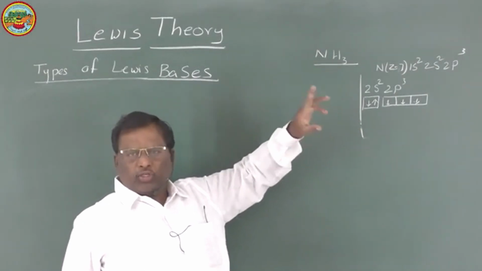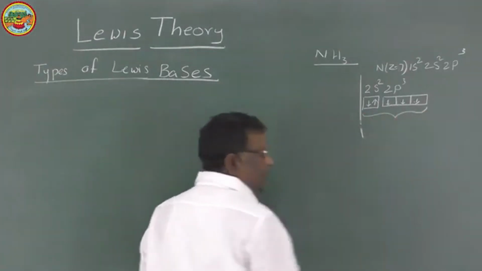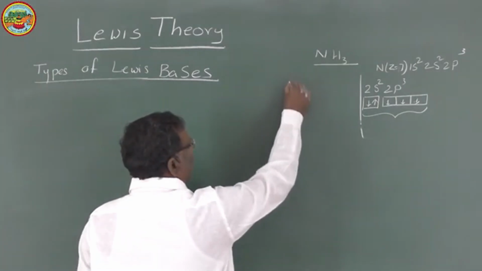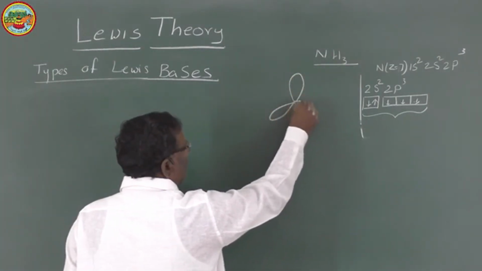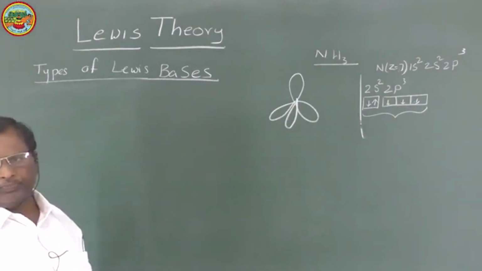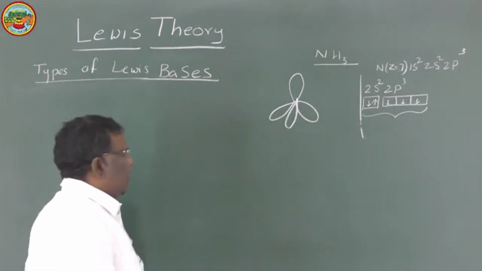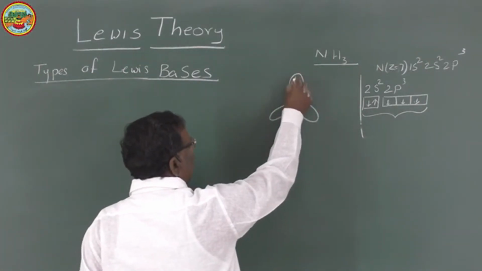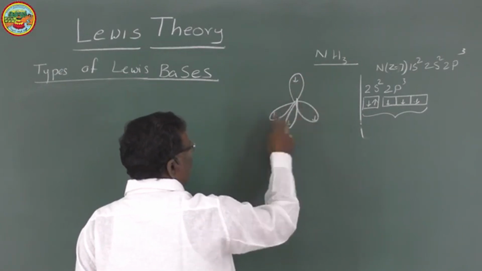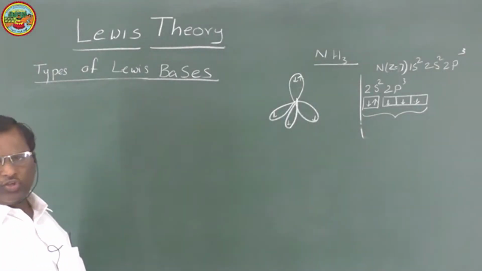During the formation of a molecule, it will undergo sp3 hybridization. When it undergoes sp3 hybridization, it forms 4 hybrid orbitals which are tetrahedral in shape. Now when the 5 valency electrons of nitrogen are distributed in these 4 hybrid orbitals, 3 hybrid orbitals are filled with 1 electron each, and 1 hybrid orbital with 2 electrons.